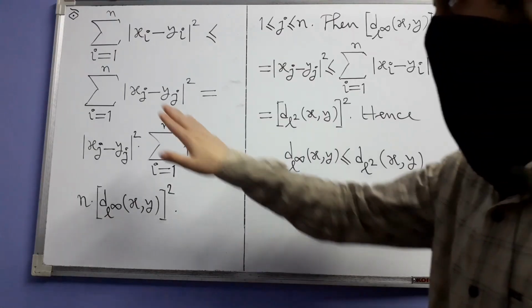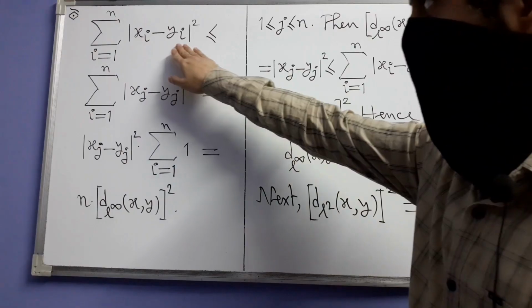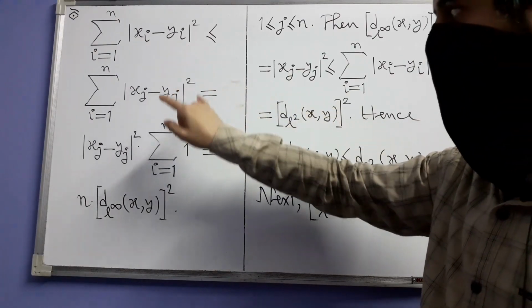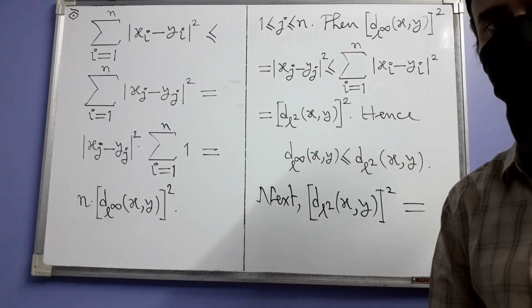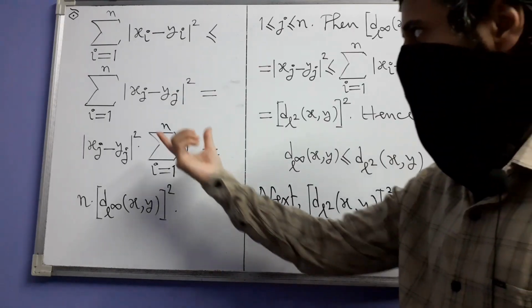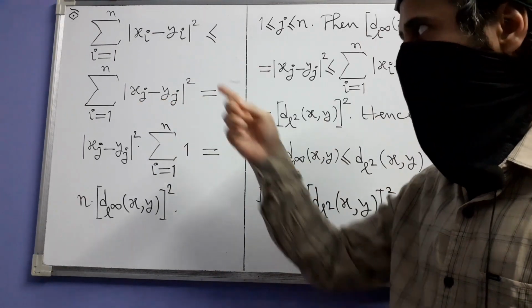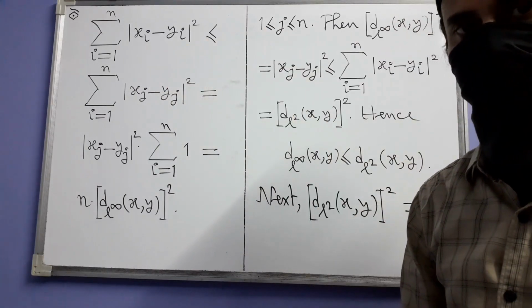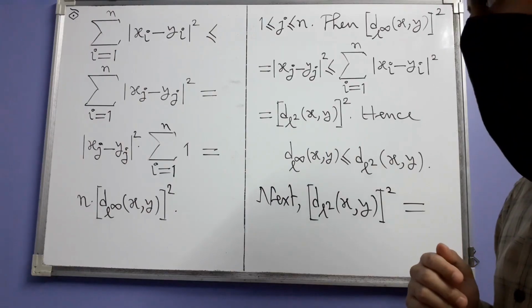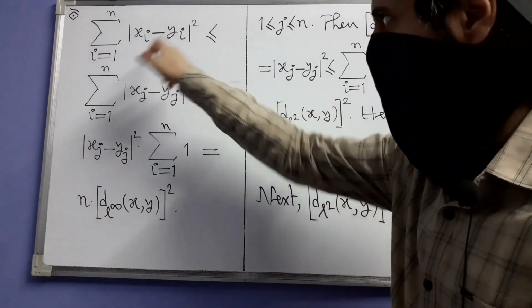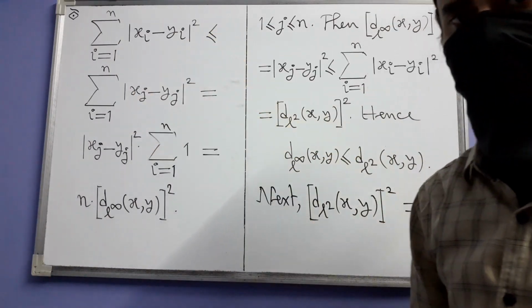Now what will happen if we replace all the terms of this sum by that fixed mod xj minus yj squared? Because that is the maximum of all these mod xi minus yi squares. So obviously this sum will be less than or equal to this sum.